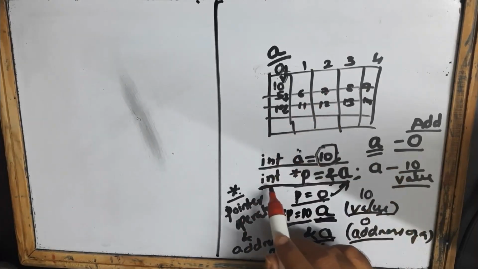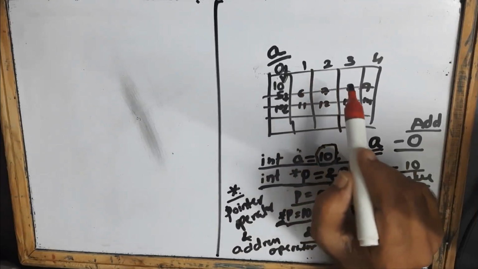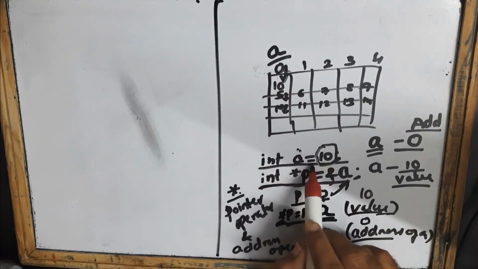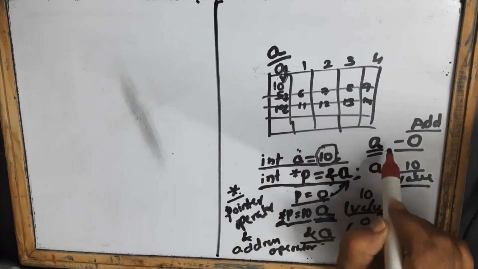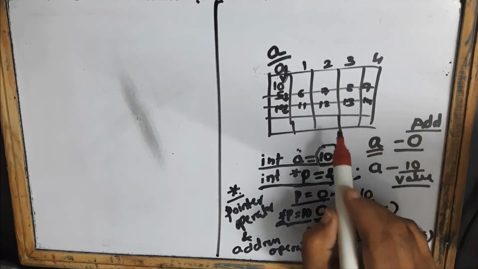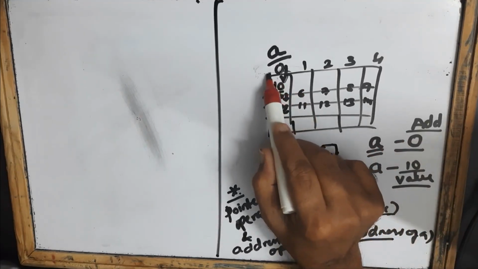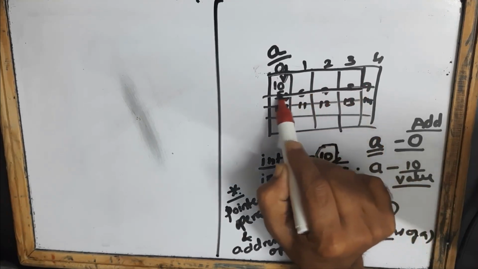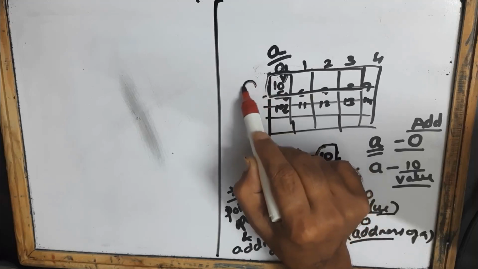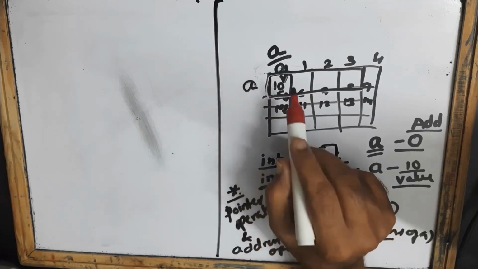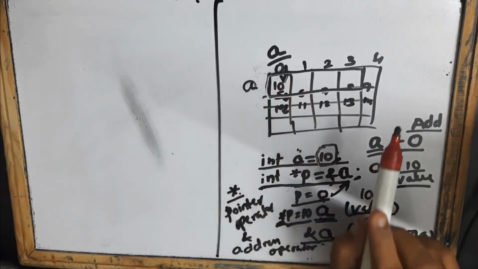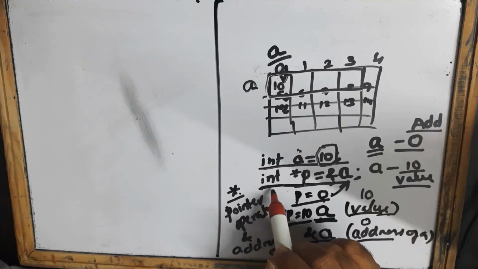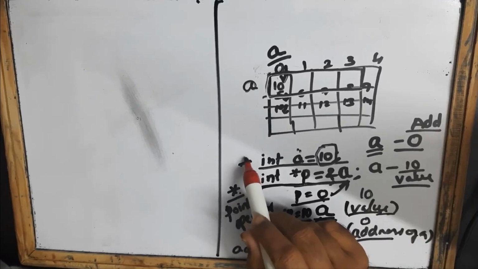Now, in this case int A is equal to 10. A is assigned 0, but 4 bytes are assigned for this, that means 0, 1, 2, 3 bytes, and the address is 0. This is for the first line.